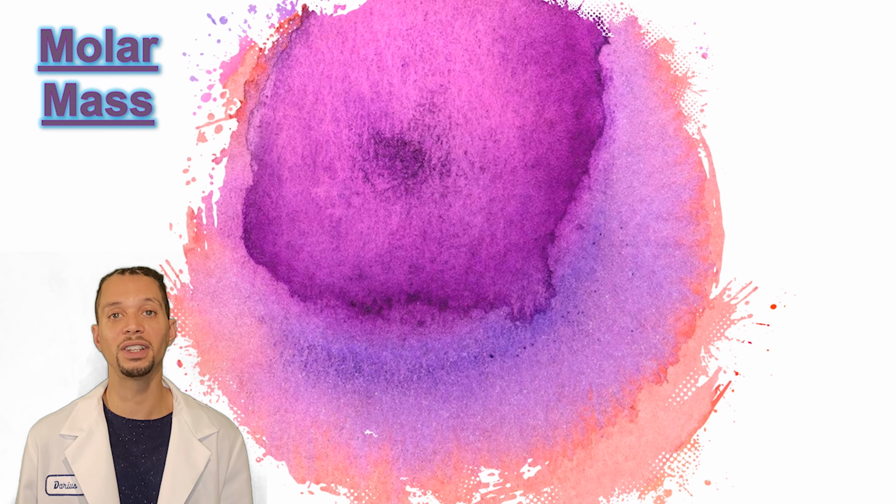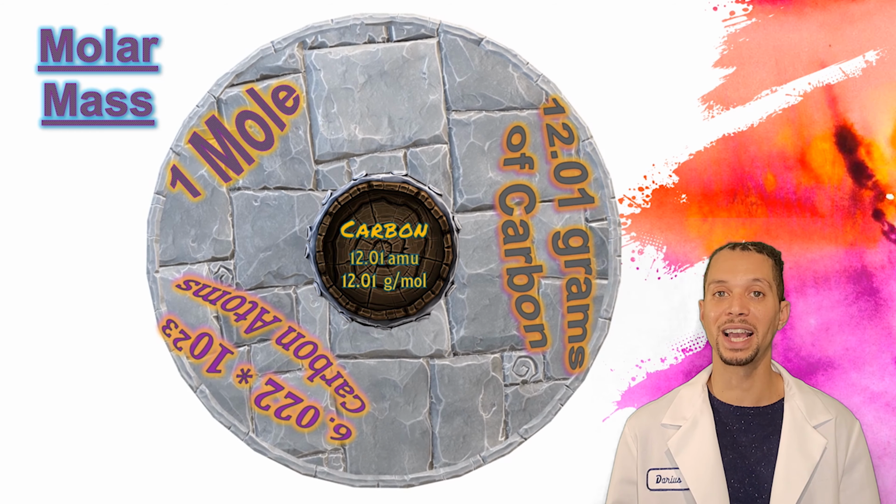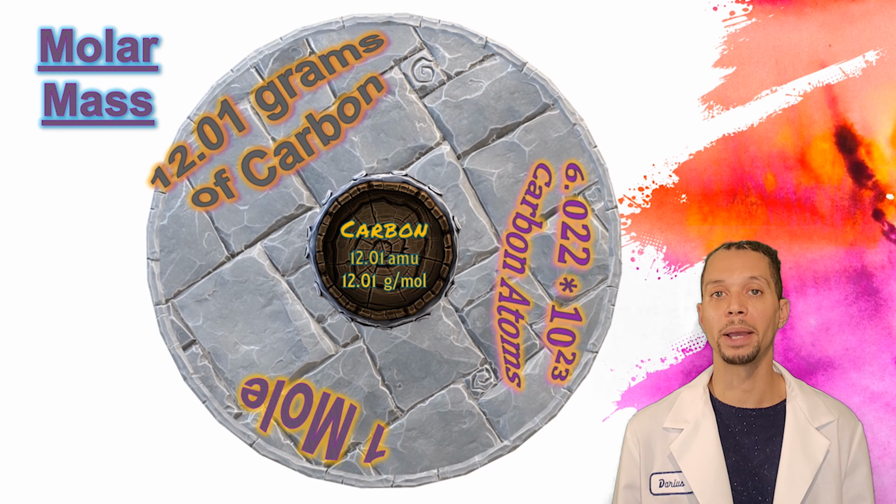With an atomic mass of 12.01 AMU, or 12.01 grams per mole, in 12.01 grams of carbon, there is 1 mole of carbon, or 6.022 times 10 to the 23rd carbon atoms. So the molar mass of a substance is simply the atomic mass of the substance with the units grams per mole.